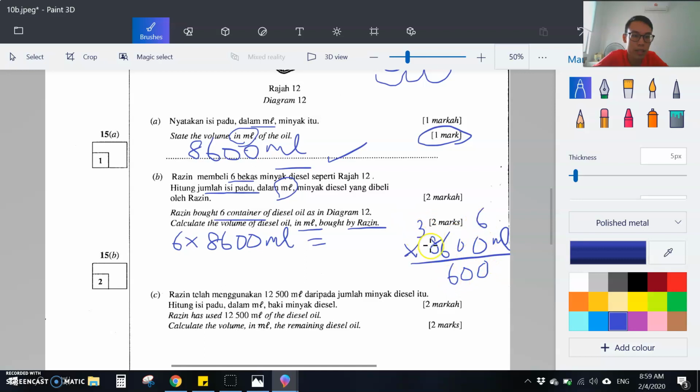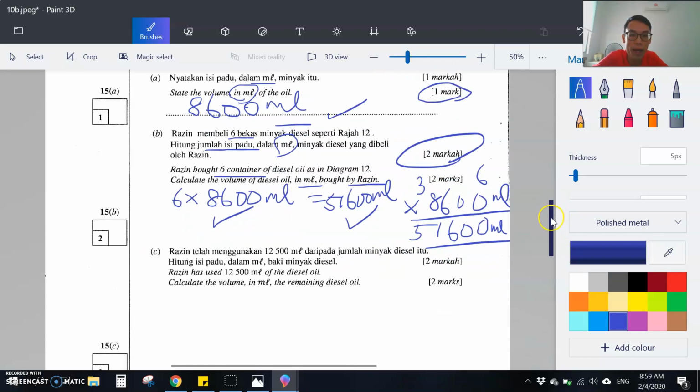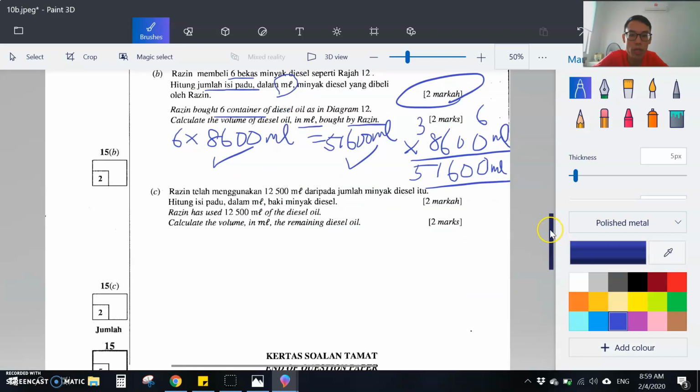You write 3 here. 6 times 8, 48. 48 plus 3, 51, so 51,600 ml. 2 marks, 2 markah, 1 mark for your calculation, 1 mark for your answer with ml. No unit, no ml, no marks.